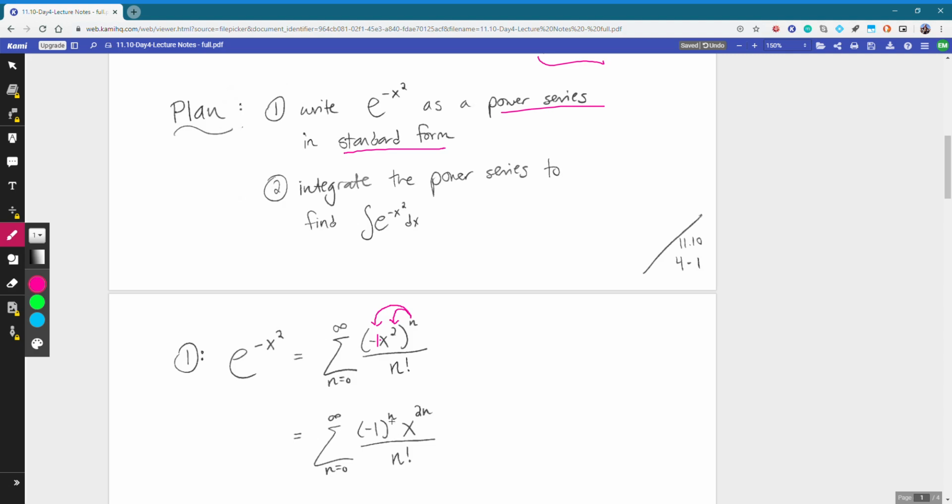And so we get minus 1 to the n times x to the 2 to the n, and x to the 2 to the n is x to the 2n, right? That's the idea going on there. All right, and so now we are in standard form, and we're happy about that.